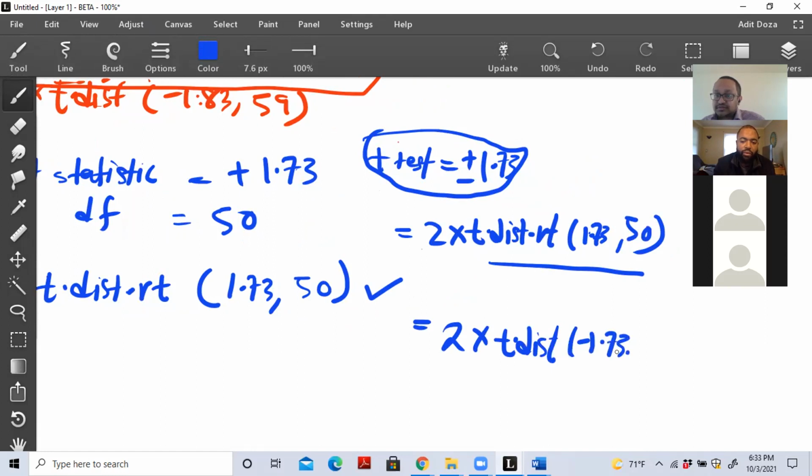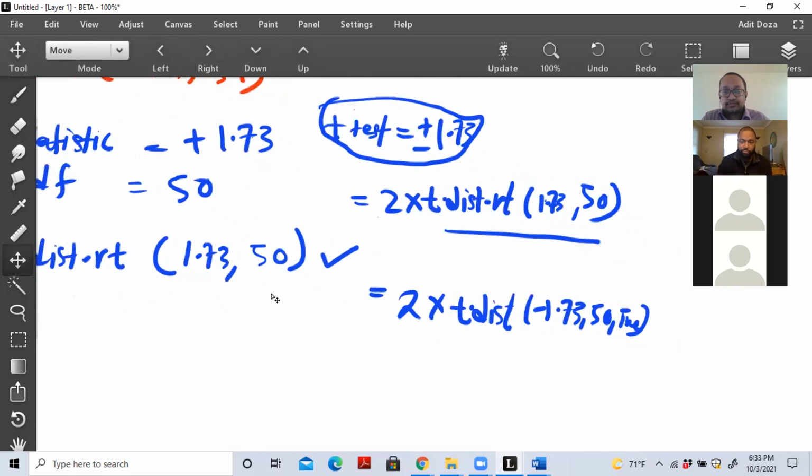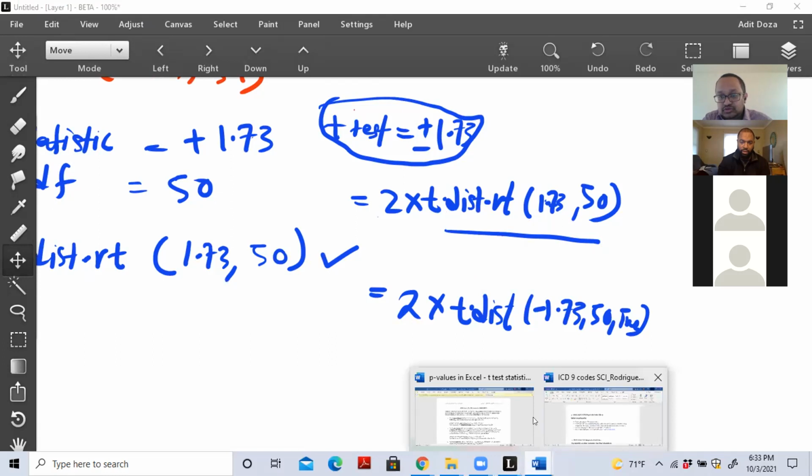For the positive one, you don't need to put true behind. For negative, do you need to put true or not? No, negative also you do true.